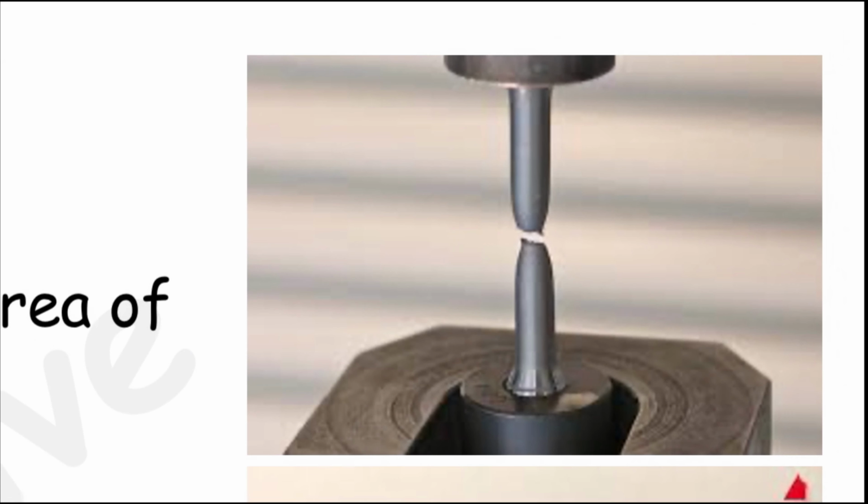Due to the tensile force, a neck is formed and its length changes. Now I am going to increase the load and give more tensile stress. The rod cannot withstand it, so it will break. It will shear into two parts. So this is said to be the shear stress.